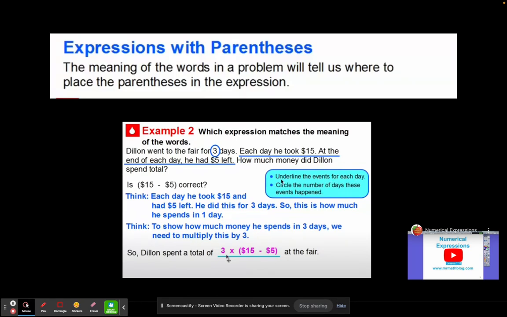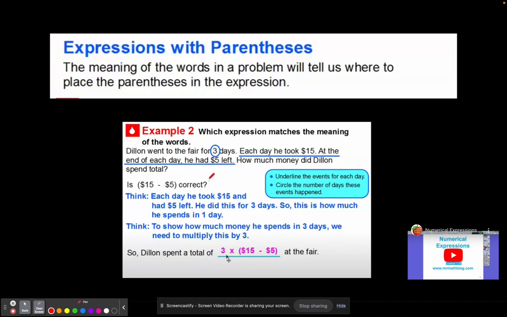So they're kind of walking you through this. Underline the events, circle the numbers, right? So think about it. Each day he took 15, right? And at the end of each day, he had $5 left over. Okay. So what's happening? Each day for 3 days. So that's why we're multiplying by 3, because it happened 3 times, right?